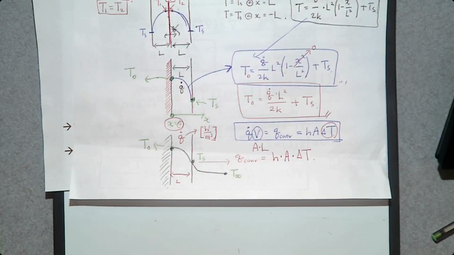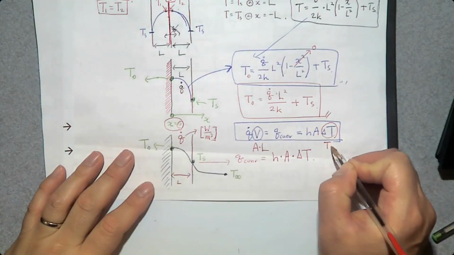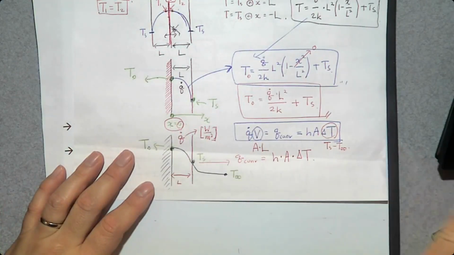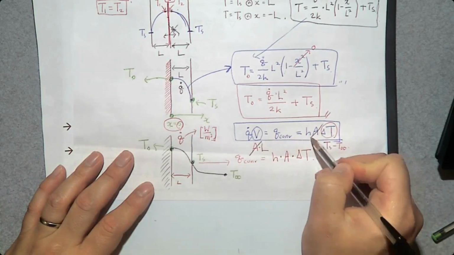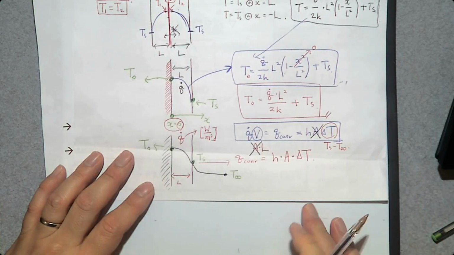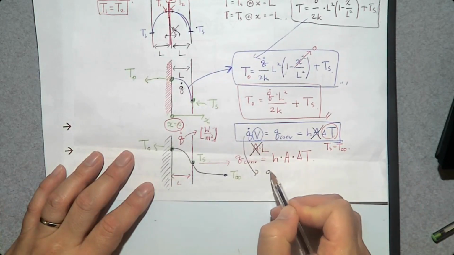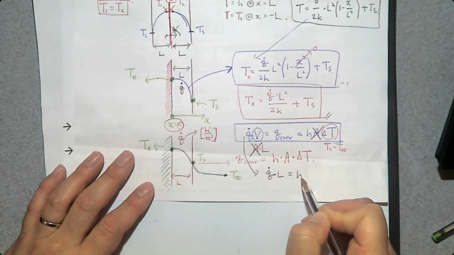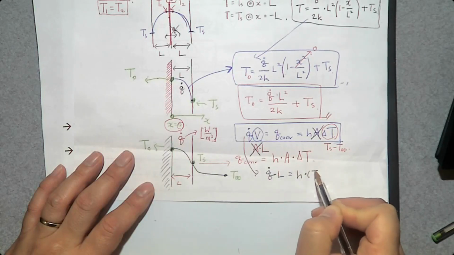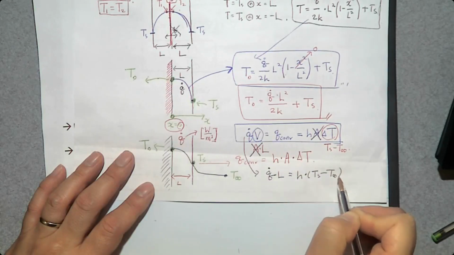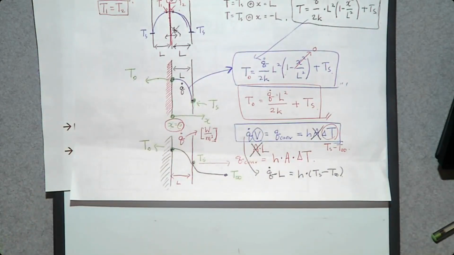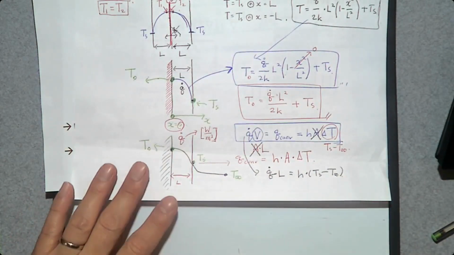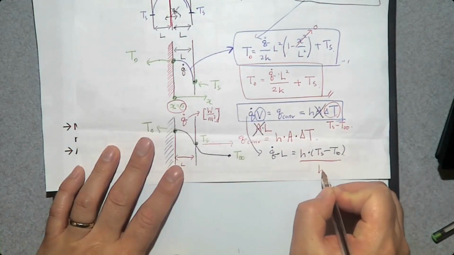So delta T should be Ts minus T infinity. So this one is going to be Ts minus T infinity. Then we have area, so we can cross them out. Then the equation is going to be Q dot times L is going to be h times Ts minus T infinity. Then you can divide each side by h.